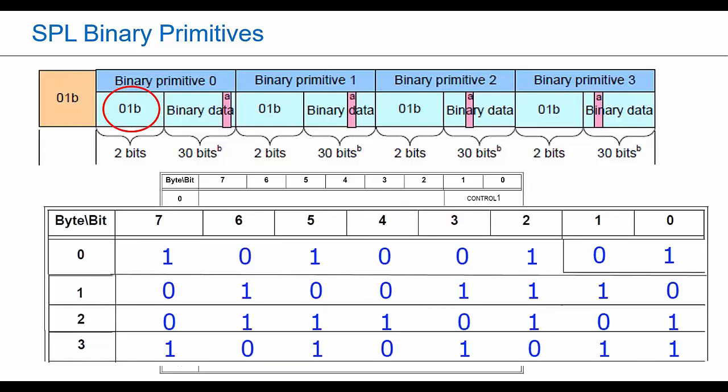And those bits become part of the first byte of that primitive. So every binary primitive has to start with 0, 1. This time they're not converting to 10-bit symbols. They just take this 32-bit pattern, combine it with any other primitives they need to send, add the SPL header, the FEC, and send it out.